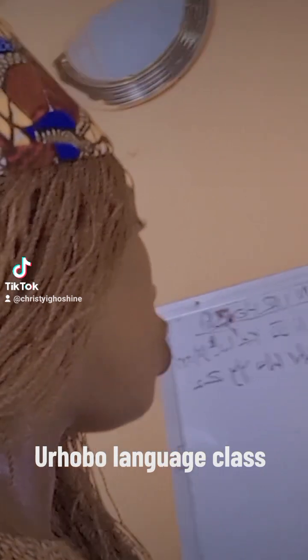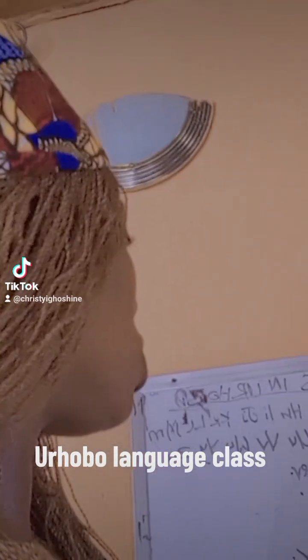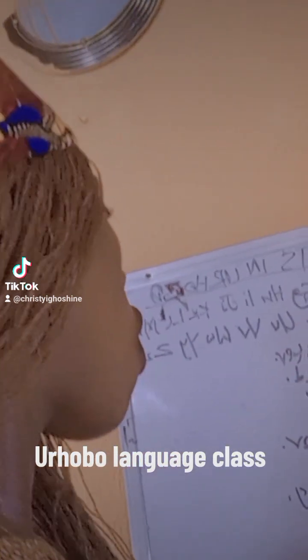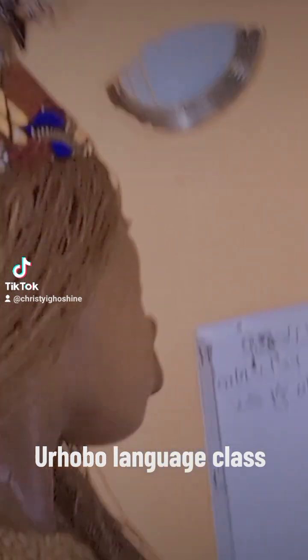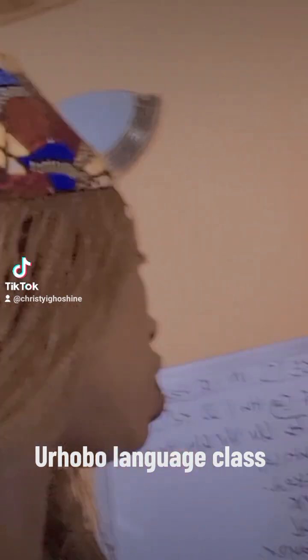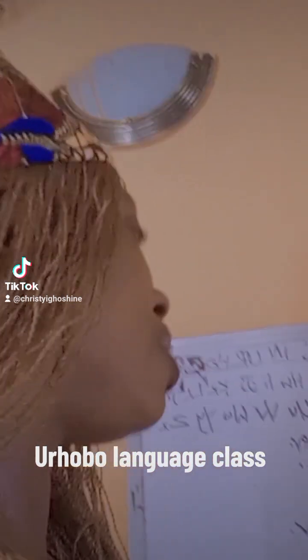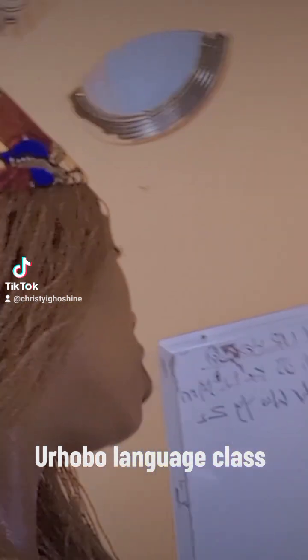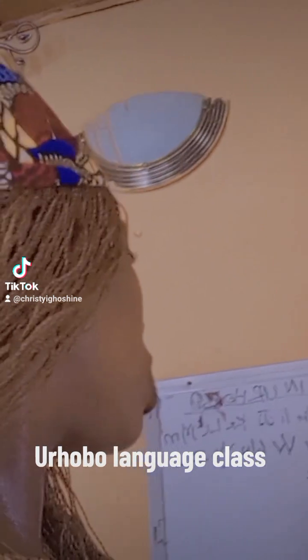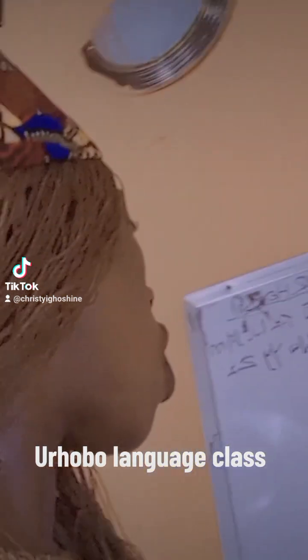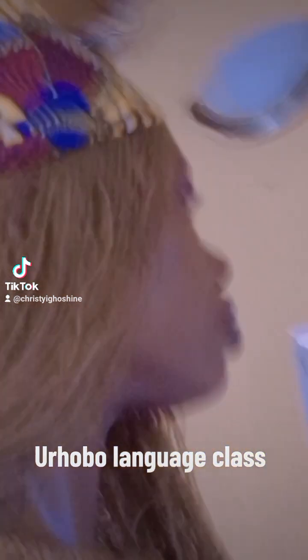Then if you want to use it to pronounce a word in Urhobo language, it sounds as ho. Ho means bath, to take your bath. Letter H sounds as heart in English, that is he. Then we use it to pronounce a word in Urhobo as ho, which means bait.